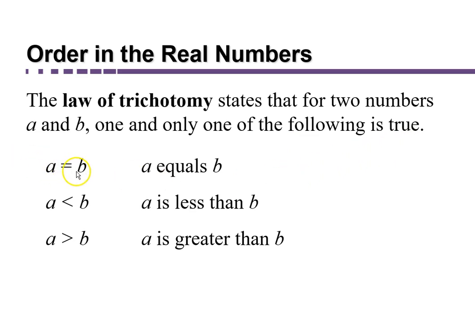A could equal B, or A could be less than B, or A could be greater than B. But only one of these things can be true at a time. This basic law of mathematics is called the law of trichotomy. You should have that written up in your notes.